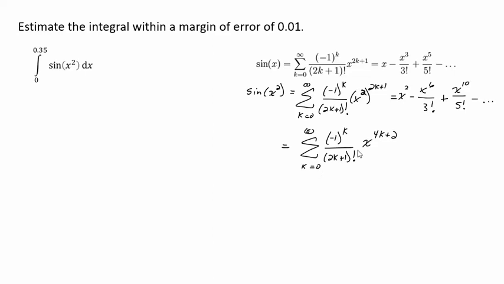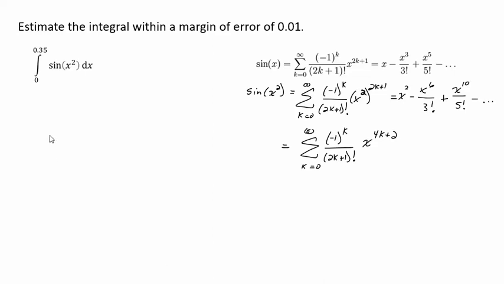So if we put 0 in for k, we'd get an exponent of 2. That matches. If we put 1 in for k, we'd get an exponent of 4 times 1 plus 2, which is 6. If we put 2 in for k, we'd get an exponent of 4 times 2 plus 2, which is 10. That's matching up. And we really didn't change this coefficient part, so that should be the same.